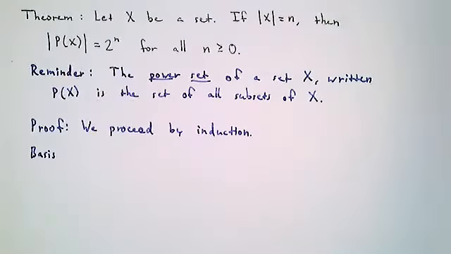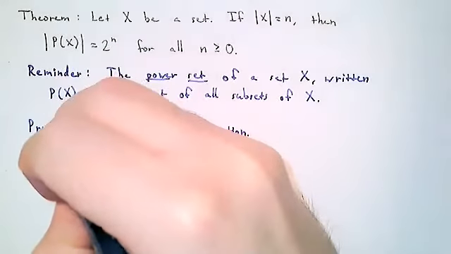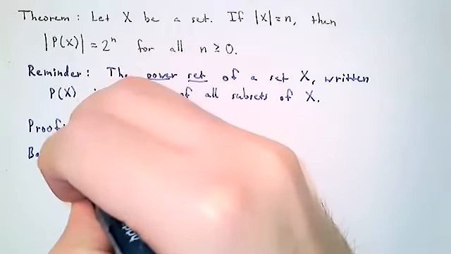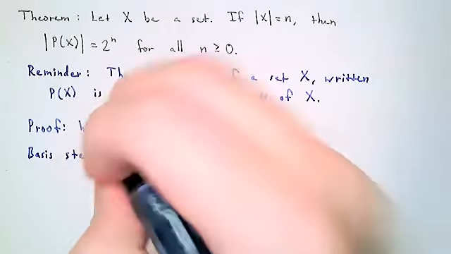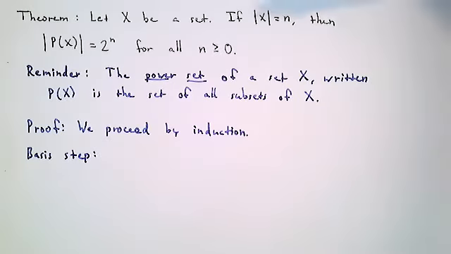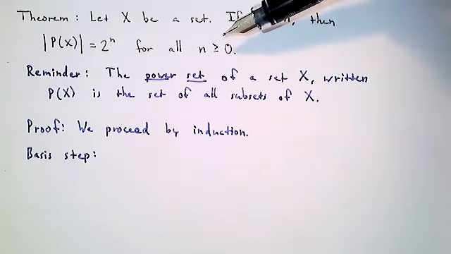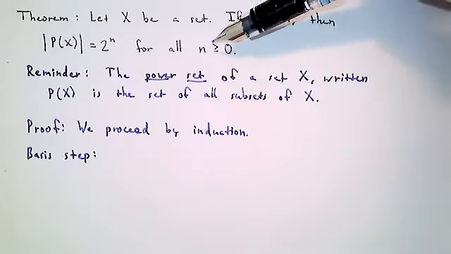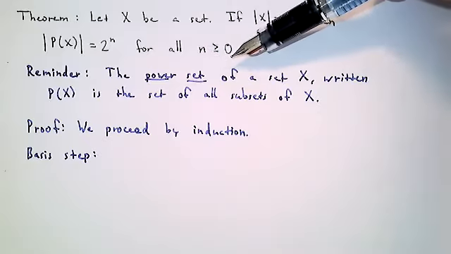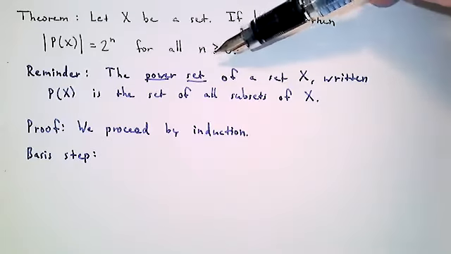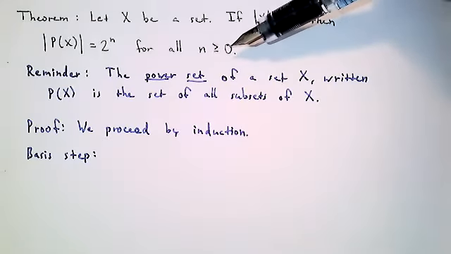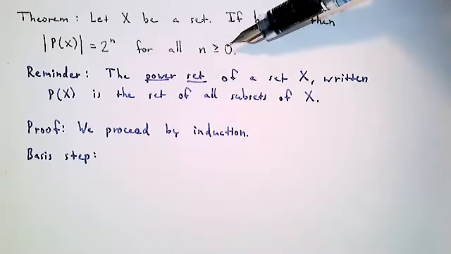Writing out the two steps. The basis step. And something you might notice about this particular problem is that we're not starting at 1. The smallest value of n is actually going to be 0 in this case.